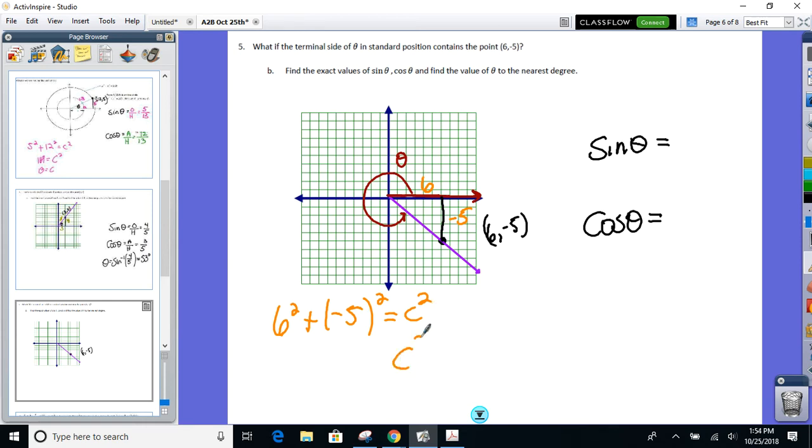I'm getting 61, but that's c squared. C will be the square root of 61.